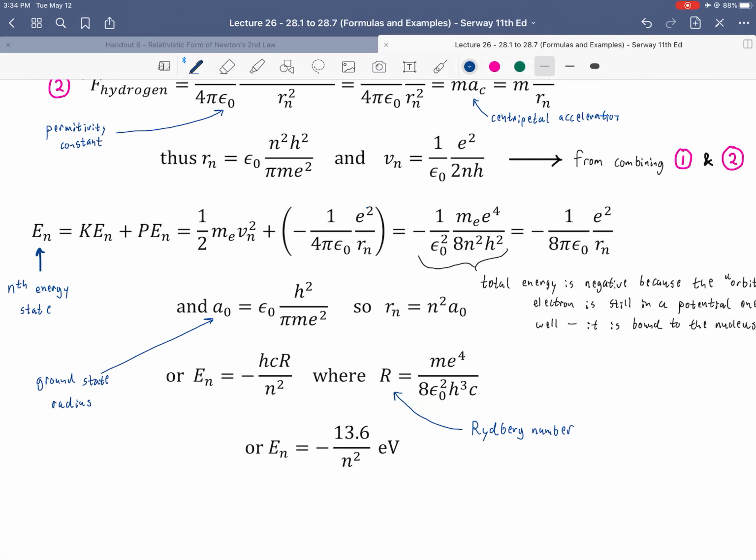It's also a clean way of expressing things, and it's directly related to the wavelengths of emitted and absorbed light by atoms, particularly hydrogen atoms.